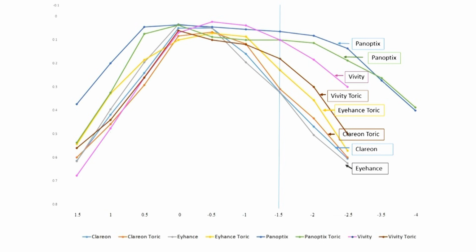One way, if you want to compare lenses at intermediate, is this: this is the difference between Vivity, which is an EDOF lens, and a Clarion, which is a monofocal. This is the difference that you get with an EDOF lens. This is the difference you get with near vision between panoptics and a monofocal. So if you want to compare lenses at intermediate, for instance, or if you had two different... Ma'am, we can't hear you, ma'am. Oh, sorry.